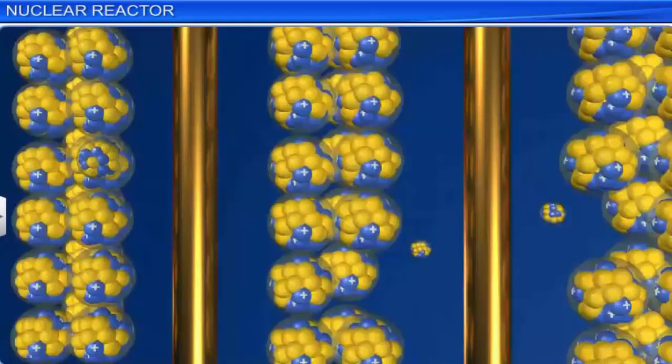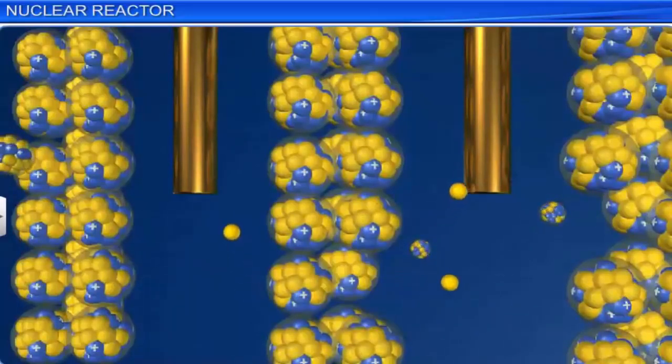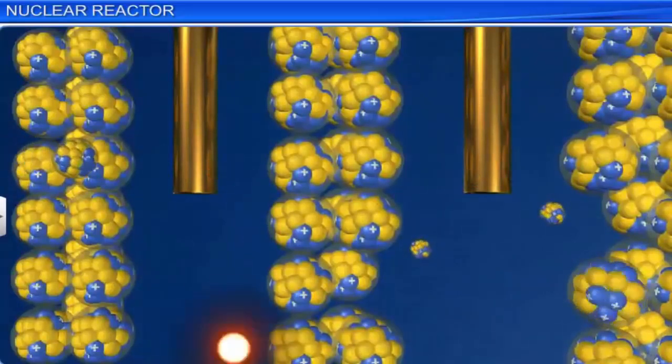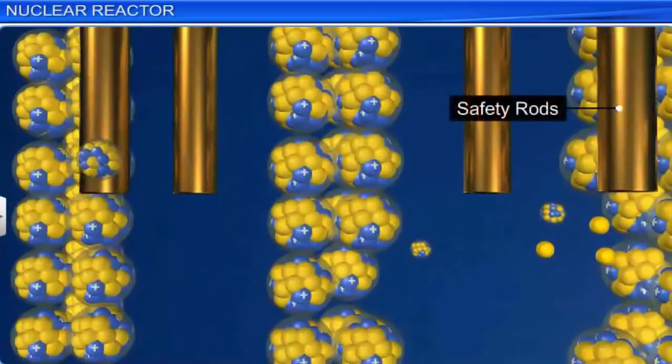In addition to the control rods, additional rods called safety rods are provided in the reactor. Whenever required, these rods can be inserted into the reactor and can rapidly bring down the value of the multiplication factor K to less than 1.